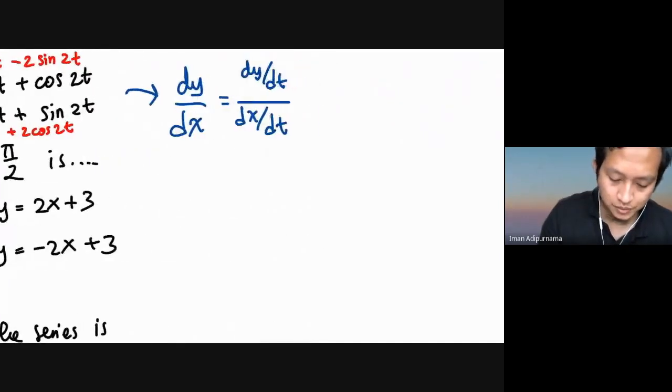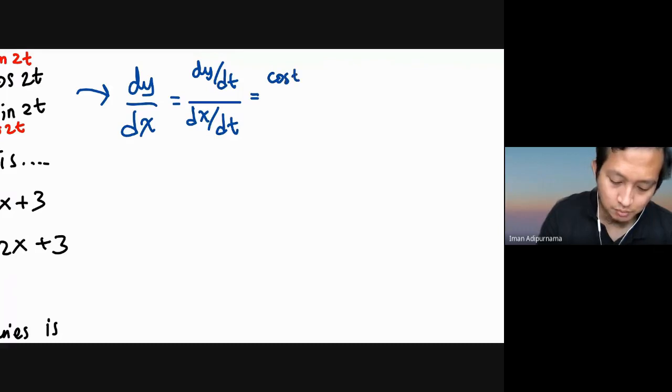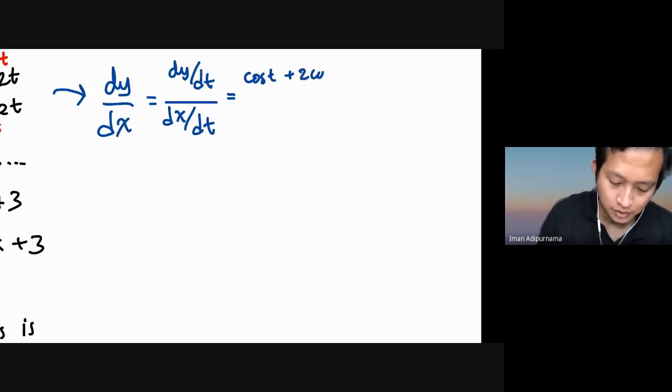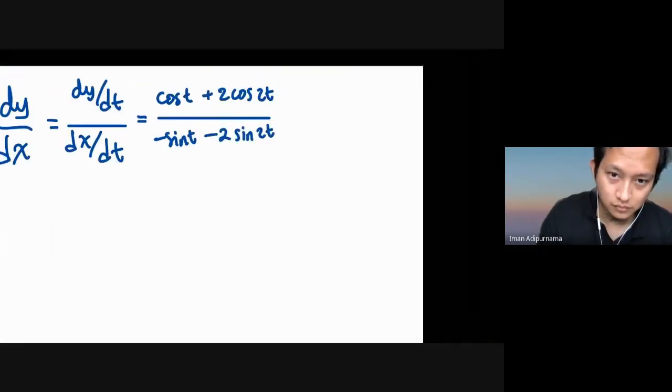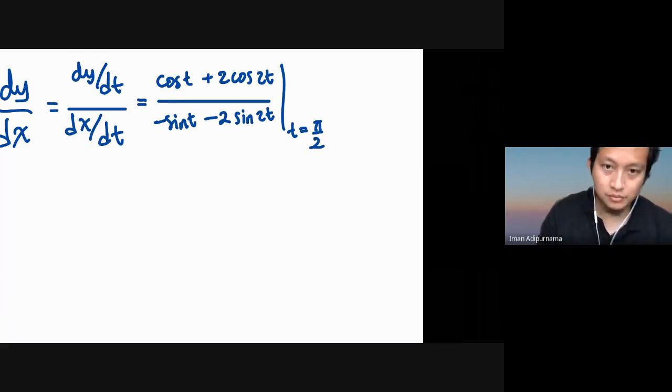And we set up our dy over dx here: cosine t plus 2 cosine 2t. And we plug in our t equal pi over 2.